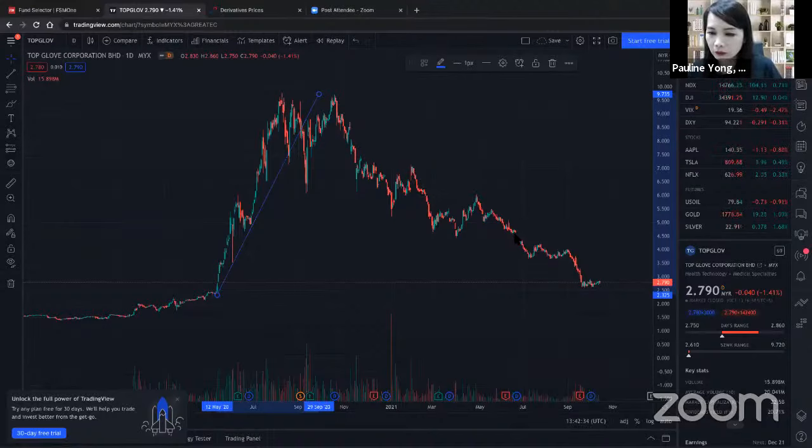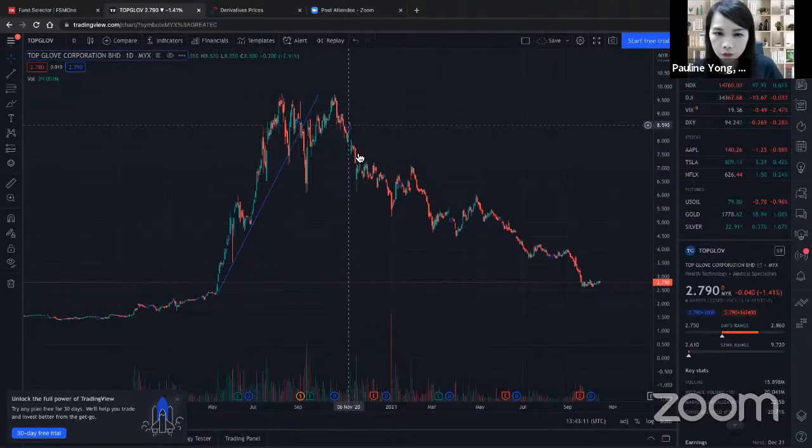So pretty much, probably this could be the wave number 3. So it could be 1, 2, 3, and then 4. So we are looking at this 4 here. If let's say we have a truncated wave number 5 as well, we could be having a truncated wave number 5. But what I'm looking at is that I'm looking at this as a 1, 2, 3, 4, 5, because I count this 1, 2, 3, 4, 5.